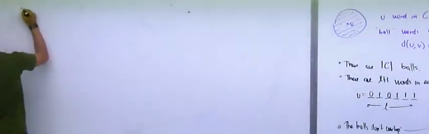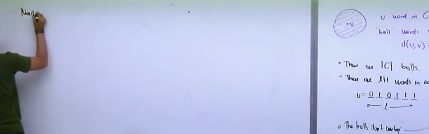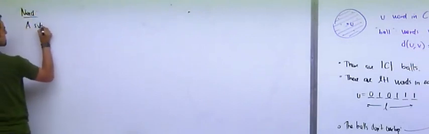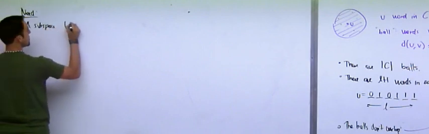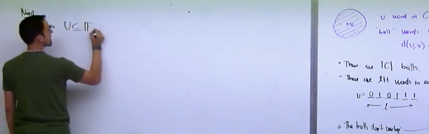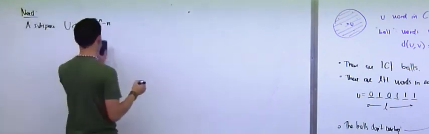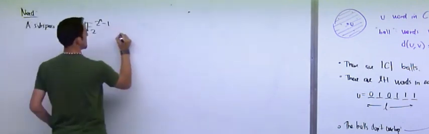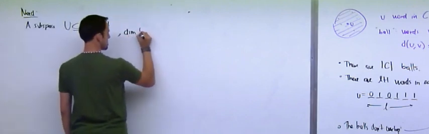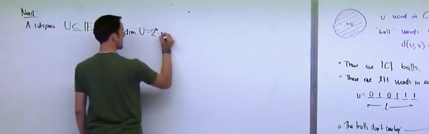So we're looking for a subspace U of F2 to the 2 to the n minus 1, with dimension equal to 2 to the n minus 1 minus n.